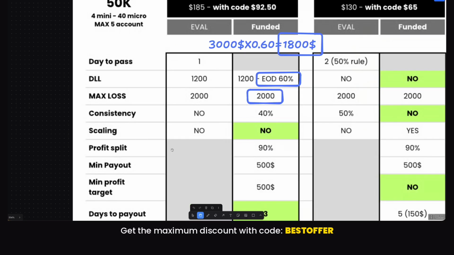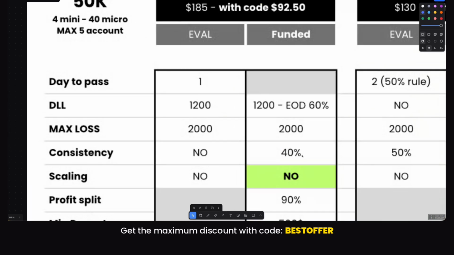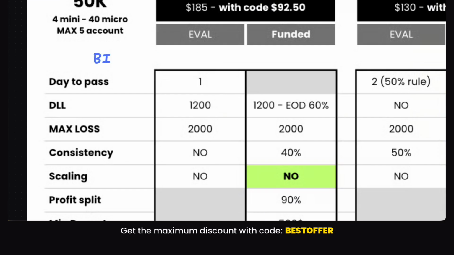Now, another thing that you need to keep in mind is the consistency rule, because here you have it and you need to follow it if you really want a payout. So let's see how it works. The consistency rule of 40% means that to request a payout, your biggest day does not have to exceed 40% of your total profits, all right?